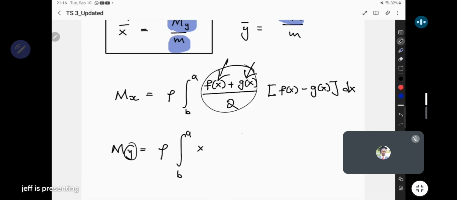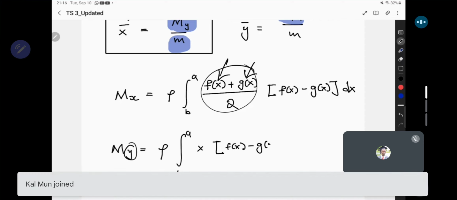And then the x will multiply the difference between the functions. And here, of course, we're going to have f of x minus g of x, and then still dx.